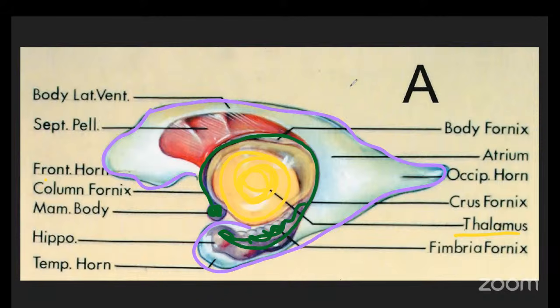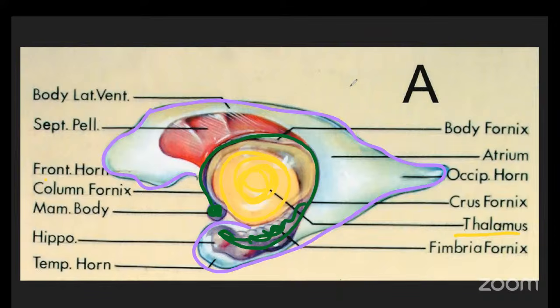You can see the thalamus as the epicenter. On the thalamus, there are a few other structures that wrap as well. One of them is shown here. You can see that the fornix is wrapping around the thalamus and going down. The lateral ventricle has also wrapped itself around the thalamus. It's sitting right in between.